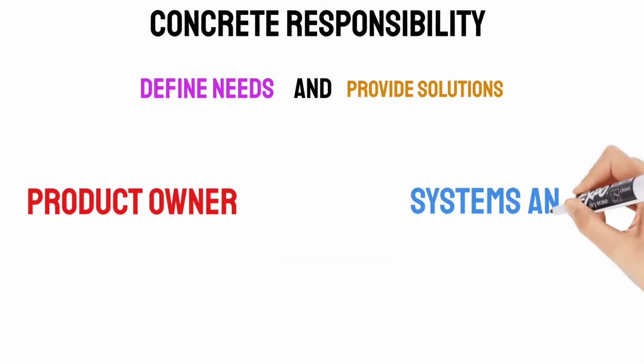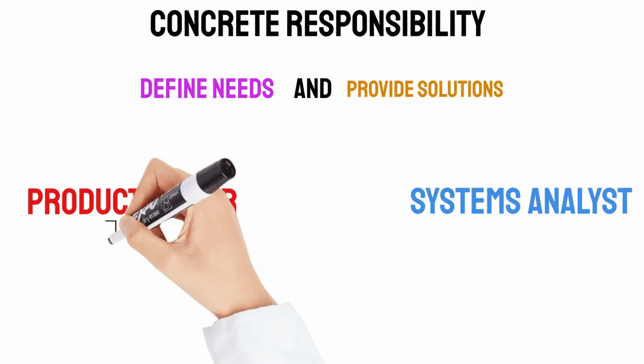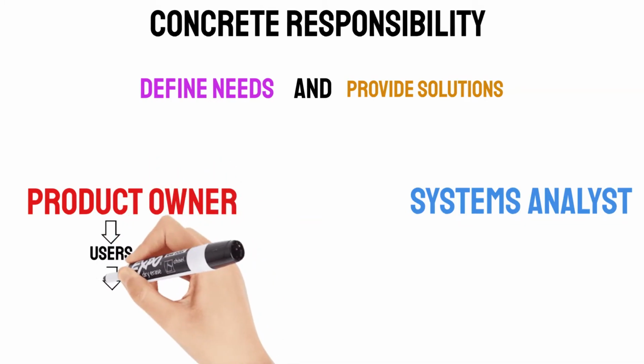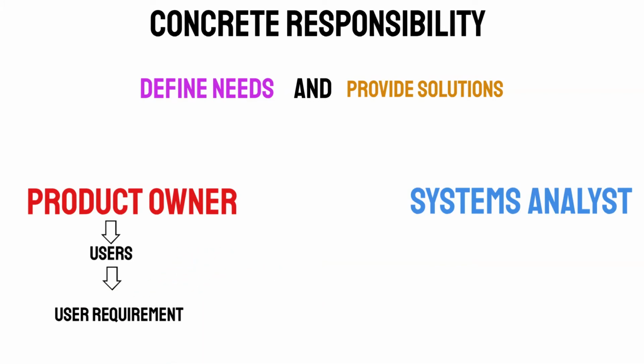The product owner, as you might know from the Agile methodology, is more focused on the users and is therefore interested in gathering needs in user requirement form, right? So the product owner would write user stories and define the needs the user has. Also, the product owner shapes the solution a little bit by providing acceptance criteria.